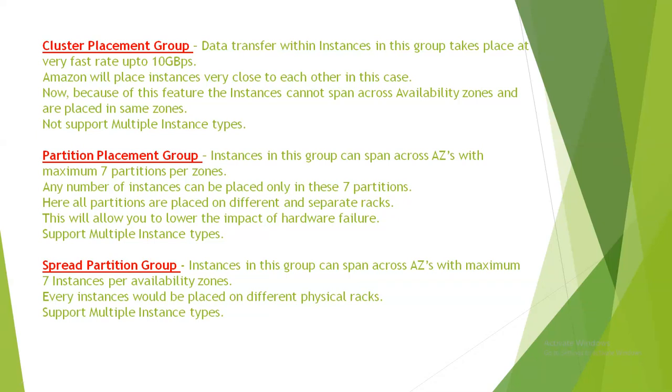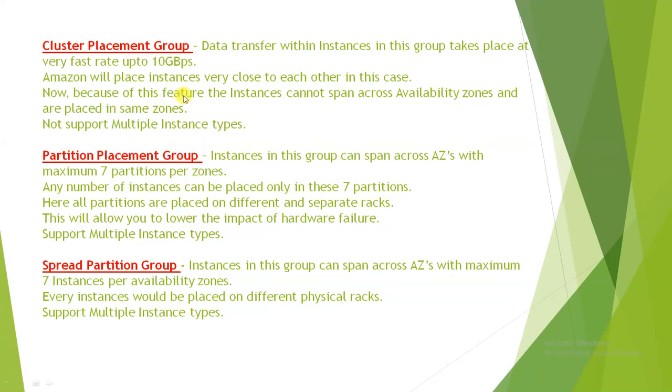See, in cluster placement group, what AWS says is that if you keep your instances in these groups, then the data transfer within instances in this group will take place at a very fast rate of up to 10 Gbps. Okay, and Amazon will place your instances very close to each other in this case. The advantage of this group is that it will lower your latency issues, and it will increase the bandwidth speed.